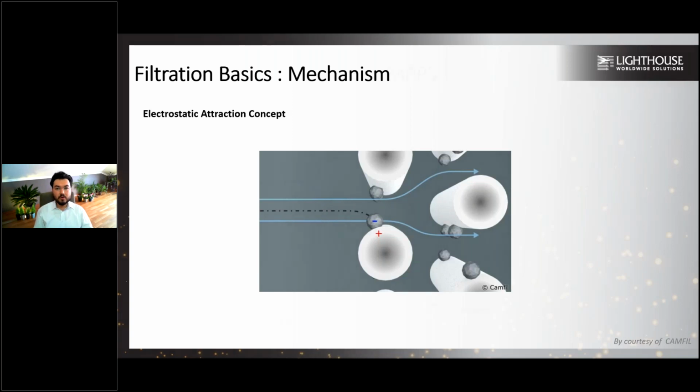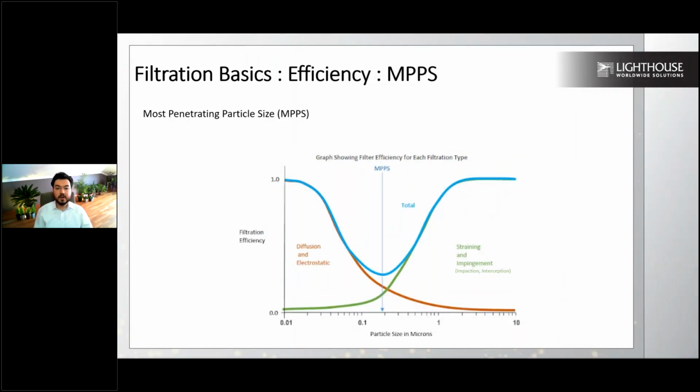When we look at all of them together, now we can define the MPPS value, which is the most penetrating particle size. Let me describe it with my laser pointer. Okay, the first methods we used were diffusion and electrostatic, which are mainly active below 0.2 micron and go up to 100% efficiency for the lowest possible particle sizes.